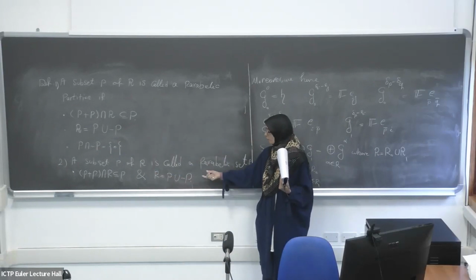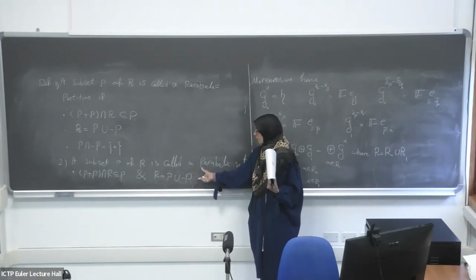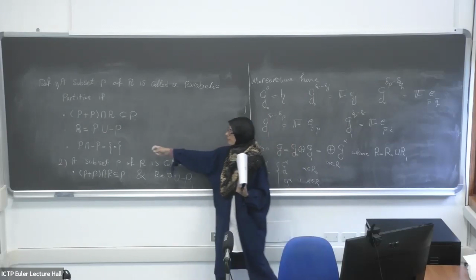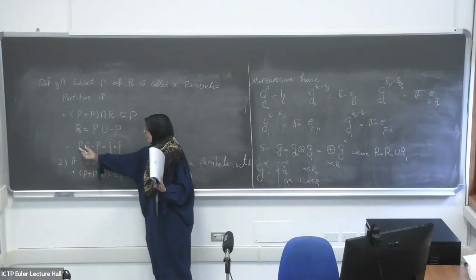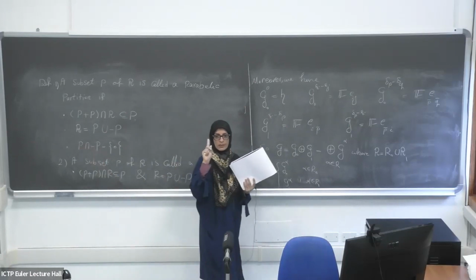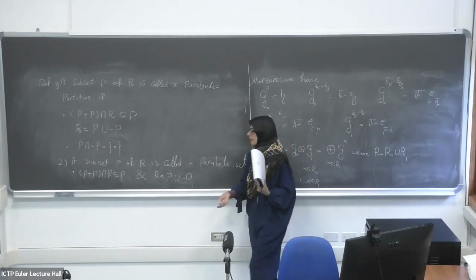But I will show you some examples of parabolic sets which are not parabolic partitions. Okay, when we have a partition, the sets P and minus P have just intersection 0. But for a parabolic set, there can be other elements.